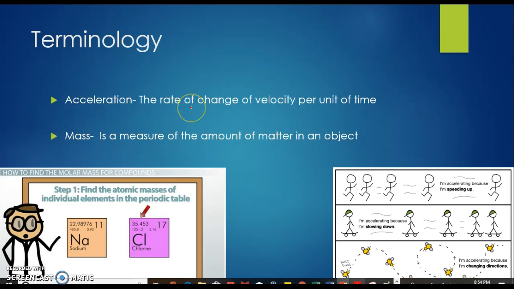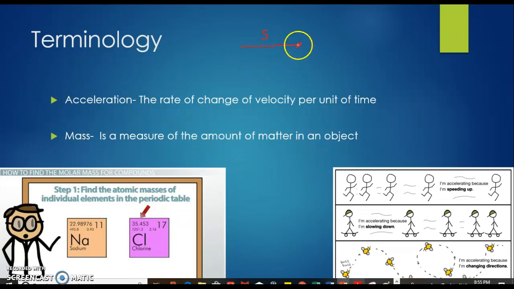So acceleration: the rate of change of velocity per unit of time. It's a bit of a mouthful, but if you have speed, right, if you're traveling 5 miles per hour, then that's constant. If there's no change in speed, that's constant velocity, meaning that you're going the same speed the whole time, 5 miles per hour.